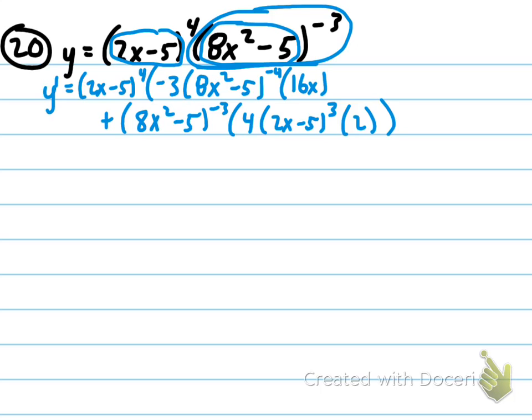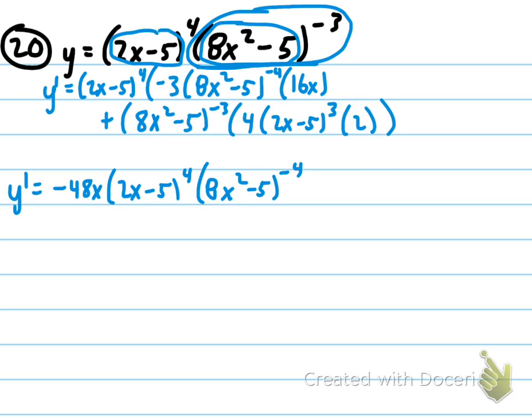So this one I really do feel compelled to simplify a little bit. Let's see, what can we do? We've got negative 3 and 16x, so we can write that as negative 48x. And then we have our 2x minus 5 to the fourth, and then our 8x squared minus 5 to the negative 4. Okay, and then, can I squeeze it all in here?